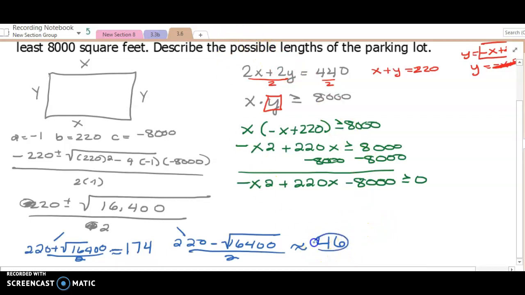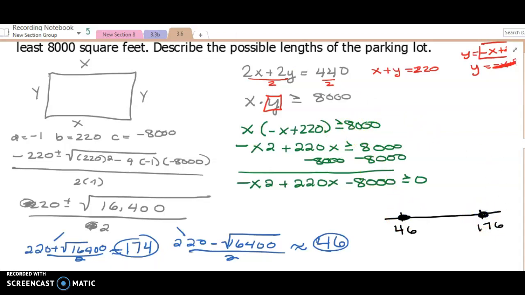So here are my two critical points. I'm going to make my number line now. I have 46 coming before 174, so I'm going to have 46 on the left. And notice this is greater than or equal to, so these critical points are included. I'm just going to pick a point.